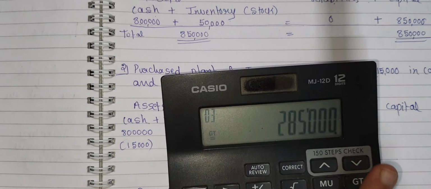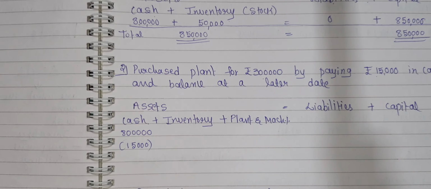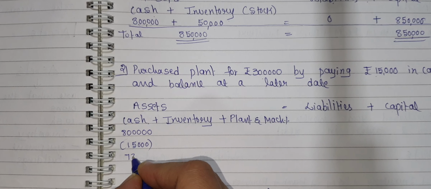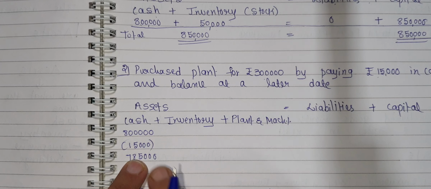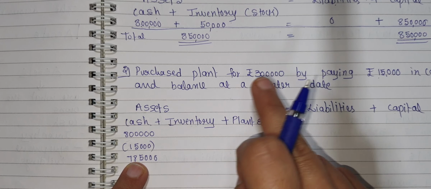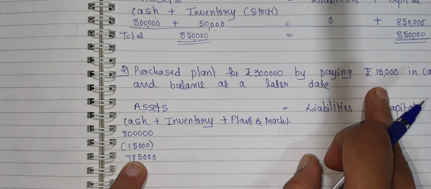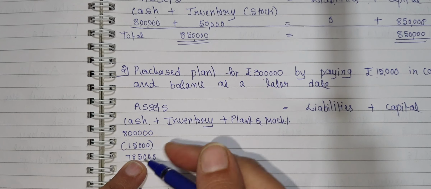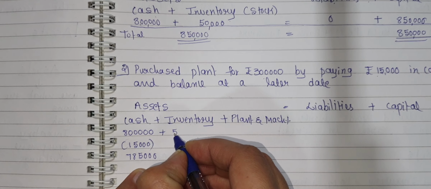That is 8 lakh minus 15,000, equals 7,85,000 rupees cash with us. Inventory remains the same, rupees 50,000.